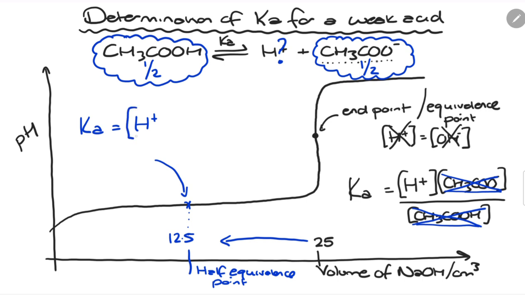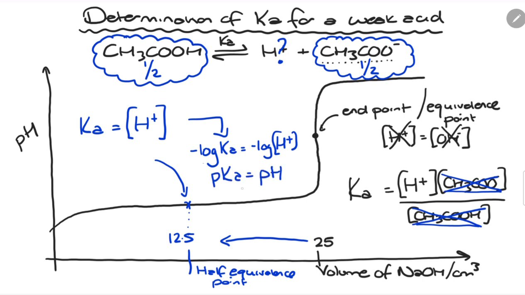And if we take the minus log base 10 of H plus, we generate the pH. If we do the minus log base 10 of both sides, so if we take the minus log base 10 of Ka and we do the same of H plus, then what we have here is a very special situation whereby the value called the pKa equals the pH at that very precise point in the titration.